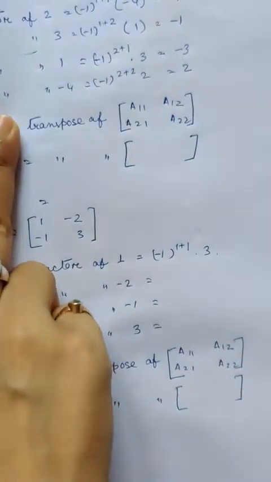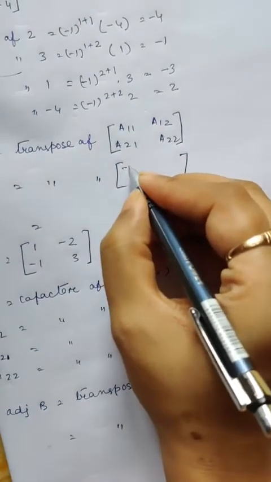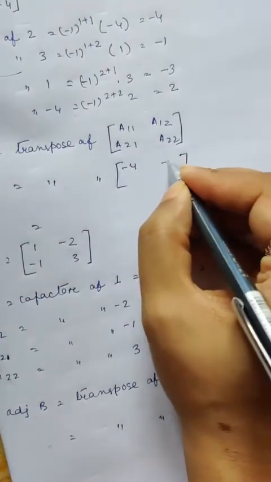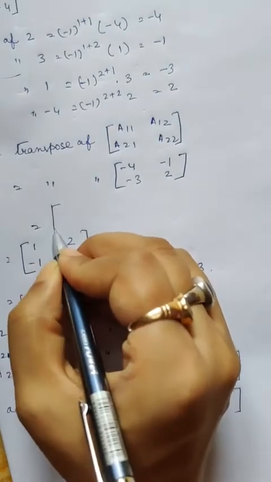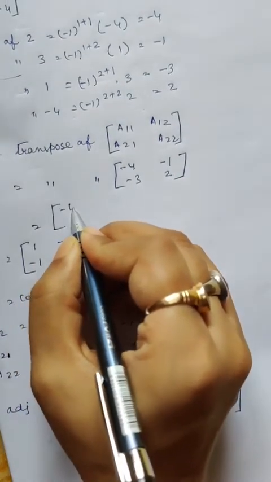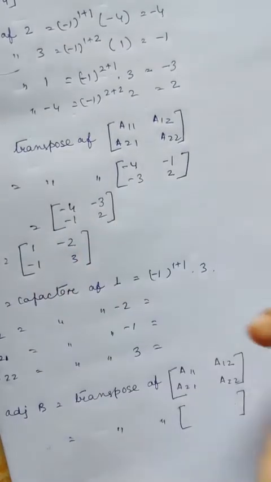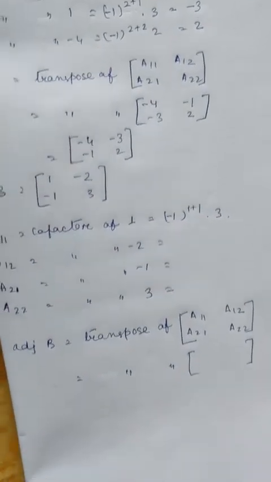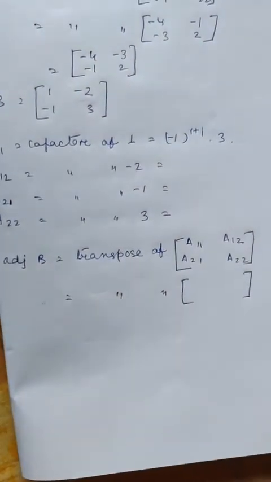Now we will put the values accordingly. Minus 4, minus 1, minus 3, 2. Now transpose of this will be minus 4, minus 3, minus 1, 2. This is adjoint A.